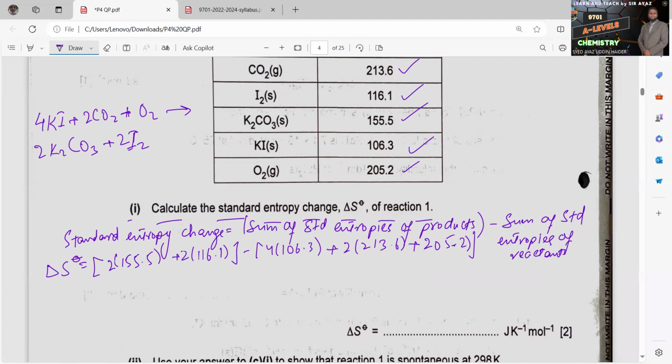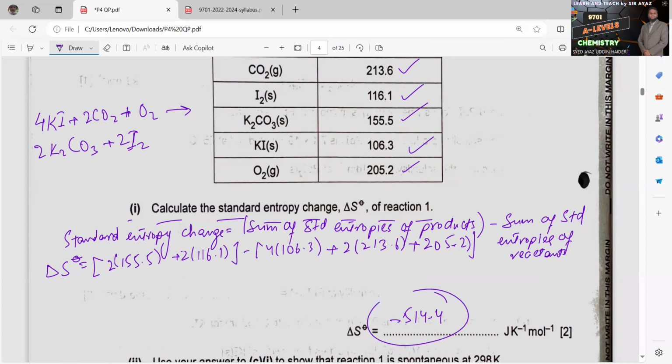If you solve this, in the end we will get the answer, I have already done this, minus 514.4 joule per Kelvin per mole. This will be the final answer for this one.